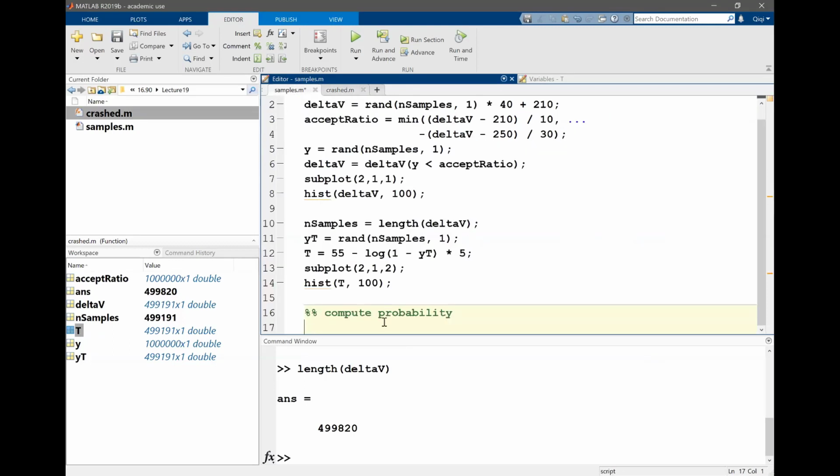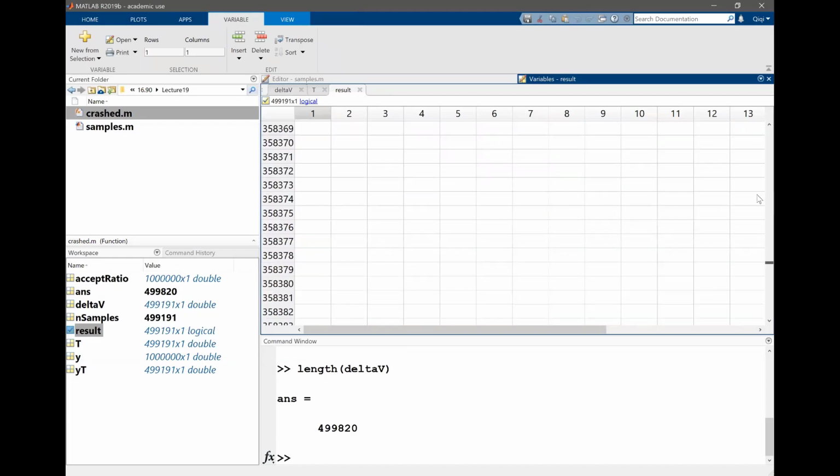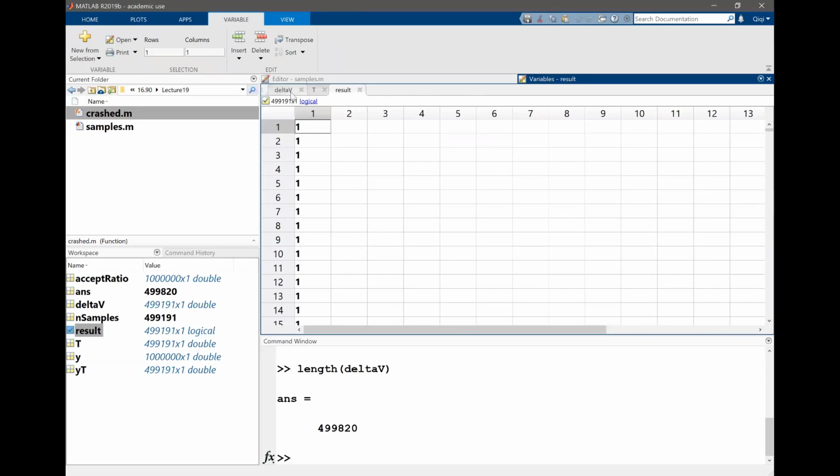So our result is going to be crashed with a delta V and T. If we run this, we are going to get a result that's also a bunch of zeros and ones. In this case, looks like everything is a 1, so we probably need to increase our initial distance.